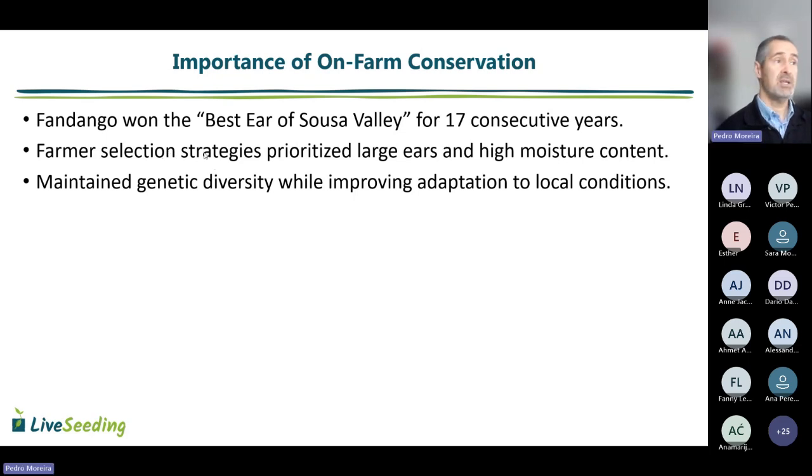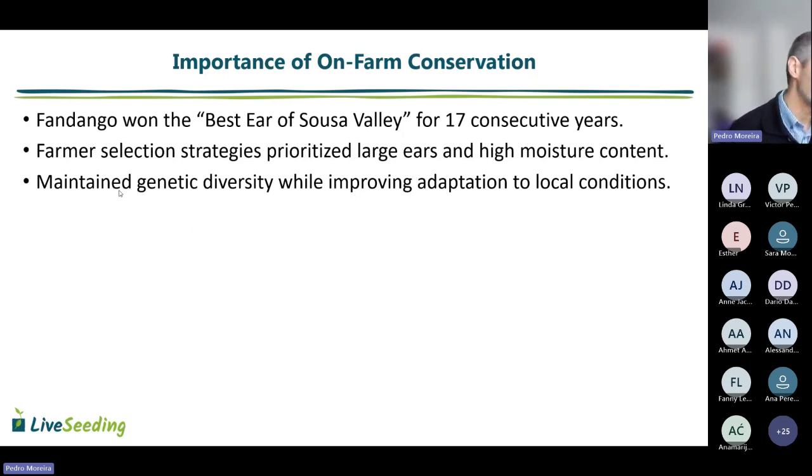Farmer selection strategies prioritized large ears and high moisture content, although they don't want this high moisture content. But when you try to have bigger ears, generally you start to enter a phase with longer cycles, and if you have long cycles, you increase the moisture content.